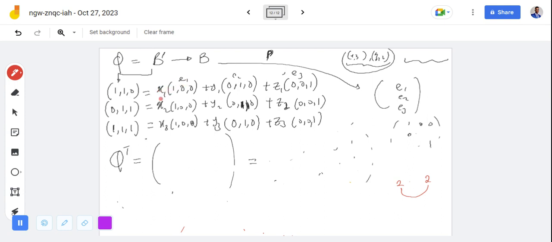If I look for x1, x1 is 1. My y1 is also 1, right? My z1 is 0. And this one is 0, 1, 1, 1, 1, 1.